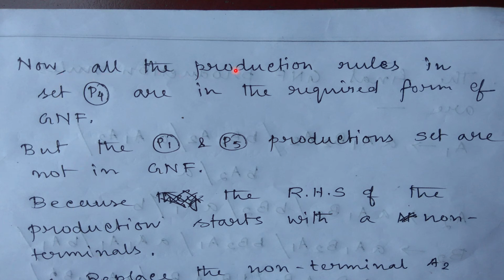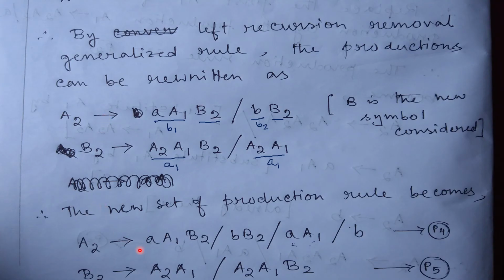So let's see what happened. Now all the production rules in set P4 are in the required form of GNF. Is it true? Yes. A non-terminal, a terminal followed by a string of non-terminals, correct? A terminal followed by a non-terminal, a single terminal. Okay, that's why this A2 is already in GNF.